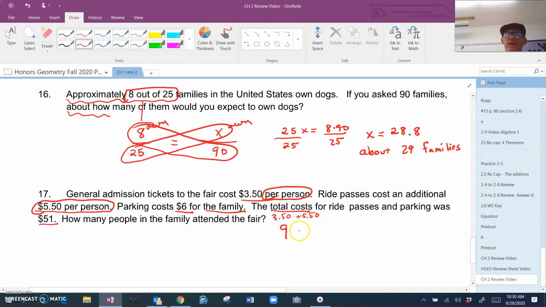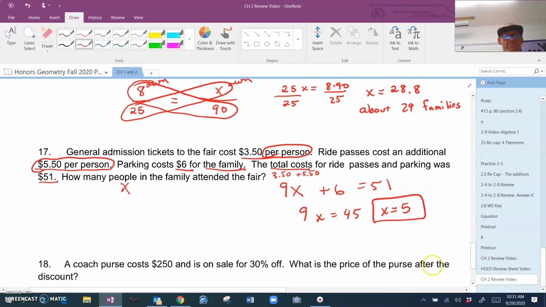And that's times x, which is the people. Now you got to pay for parking. So you add the 6, and then your total is 51. So 9x equals 45, so x equals 5. 5 people.